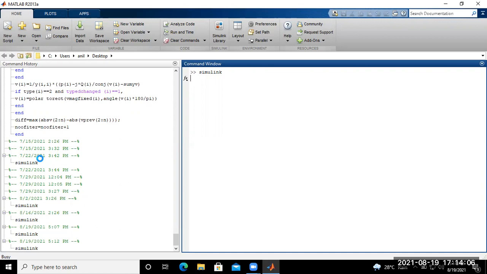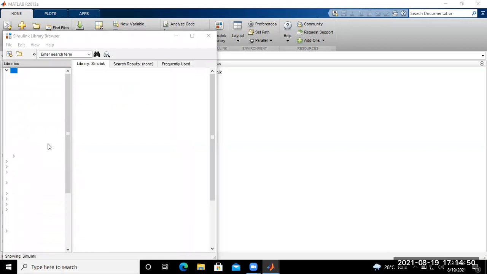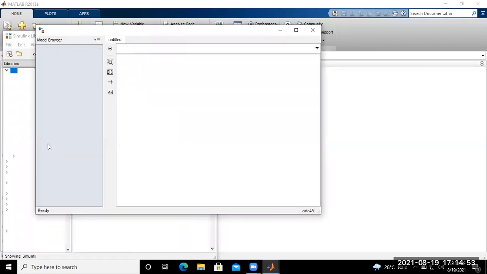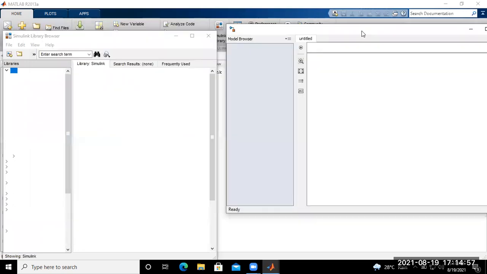Okay, so just wait a few more minutes. It takes a lot of time for opening the MATLAB. Okay, so just quickly drag all the blocks what you required from the Simulink library.